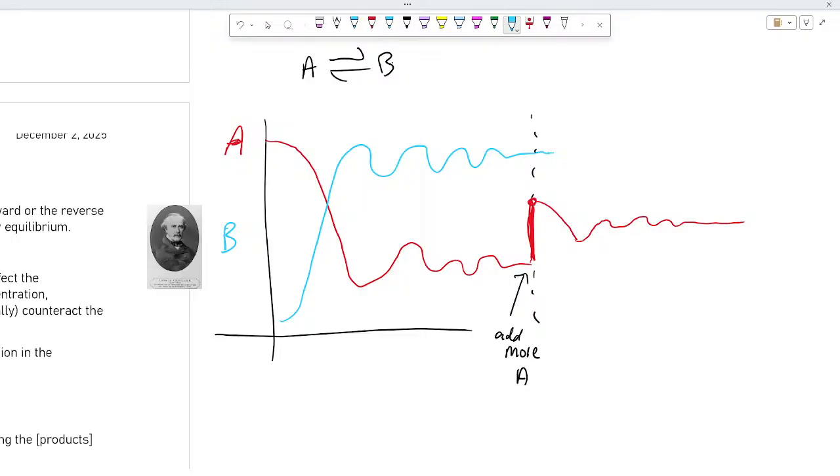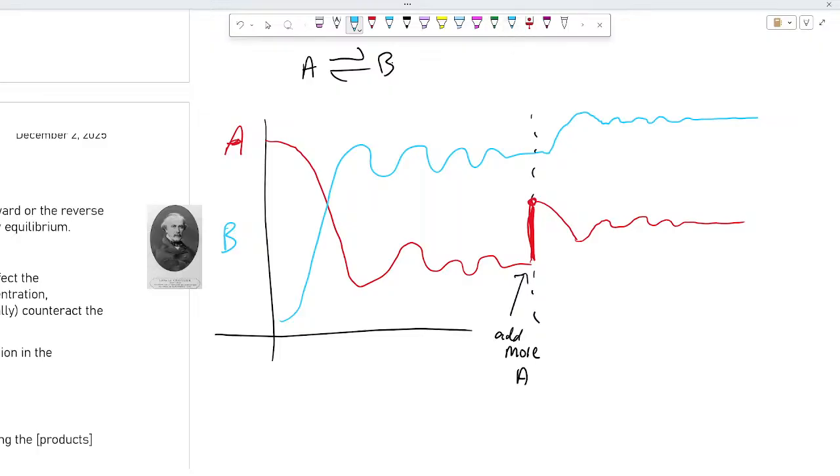But note what's happened. It reaches equilibrium, but the new equilibrium is different from the original equilibrium. Does that make sense? We reach a new equilibrium, but it is different than the old equilibrium. And yes, our overall concentration of A has gone up, but it actually moved more in the direction of B, right?